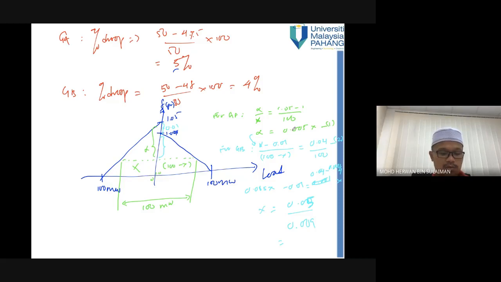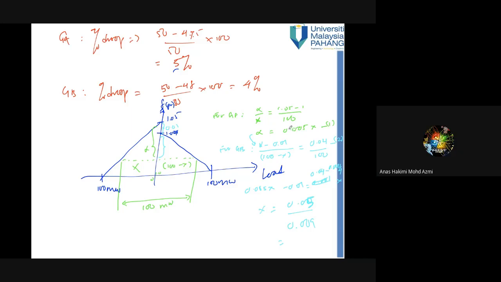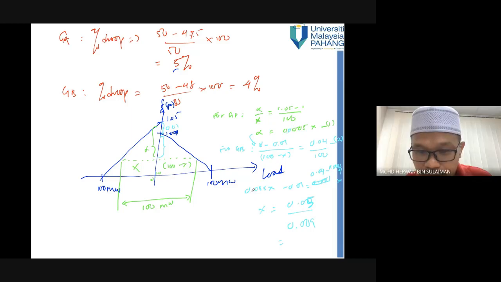Wrong, sir. 0.05 divided by 100 has three zeros, 0.0005. Okay, so this one is 0.005 times x minus 0.01, so this one is 0.009.